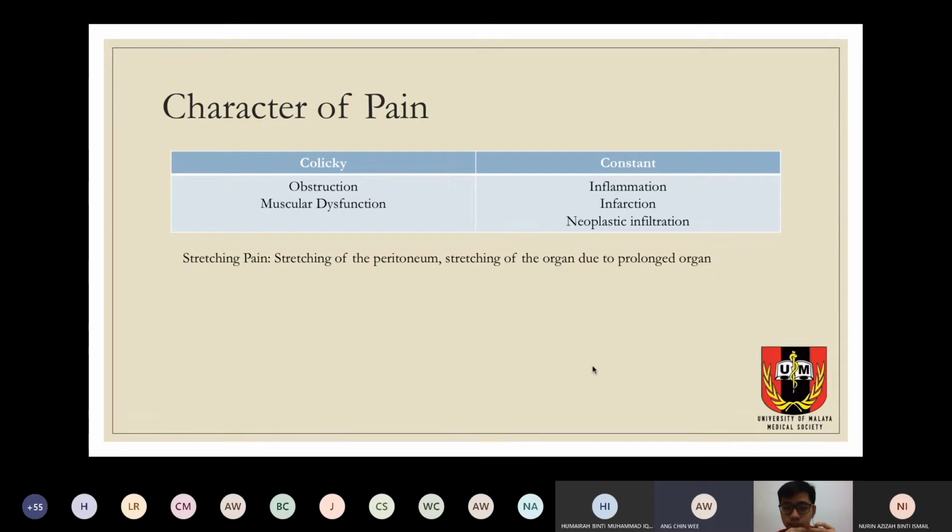Okay, so for example, maybe an appendicitis can come with a colicky pain. Could it happen? Well, it depends. If it's just a simple appendicitis, usually it's not colicky abdominal pain. It's more of a constant, progressive pain, gradually getting worse over time.